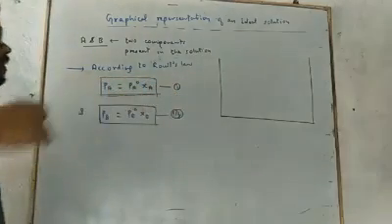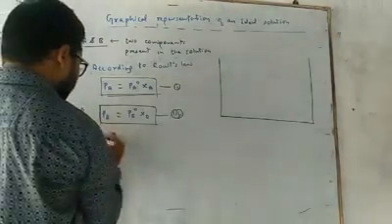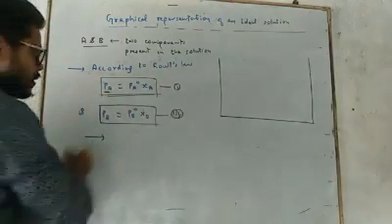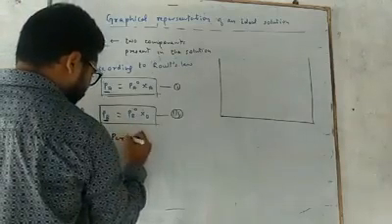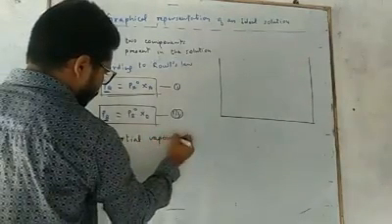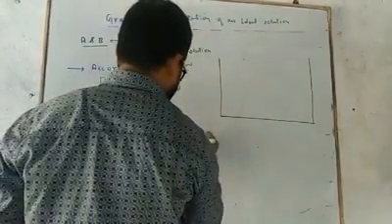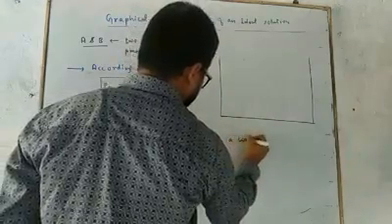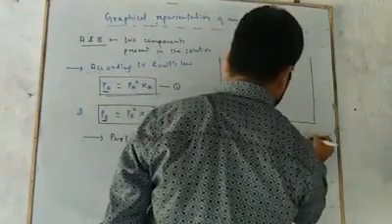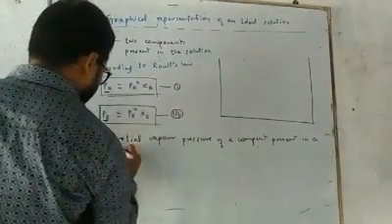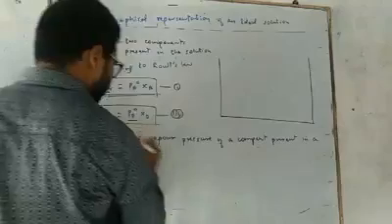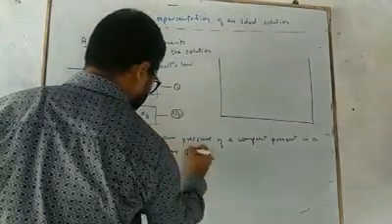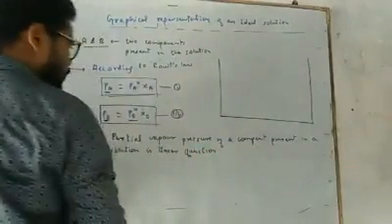So from these two points we can say this is the partial vapor pressure of component A, this is the partial vapor pressure of component B. So we can say the partial vapor pressure of a component present in a solution is a linear function of its mole fraction.